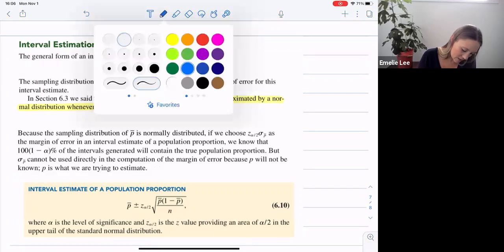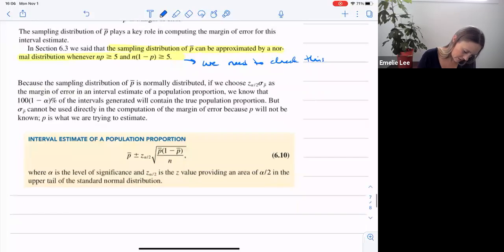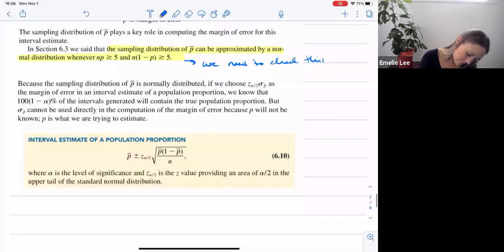And so this means we need to check this before building our interval.